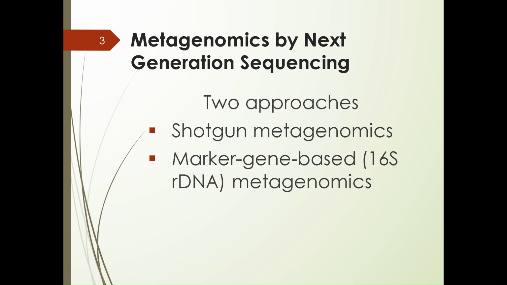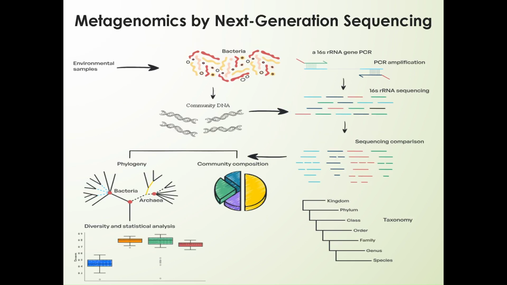Metagenomics can be carried out by two approaches. First is called shotgun metagenomics, and the second is called marker gene based metagenomics, or commonly termed 16S ribosomal DNA metagenomics. This slide is showing how metagenomics is carried out.